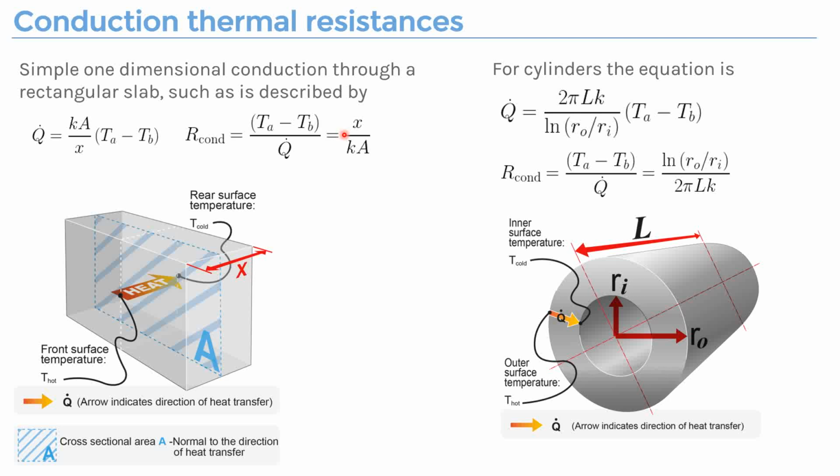R is the thermal resistance. For conduction, R is L over kA. Convection is 1 over hA. And radiation is a little bit more complicated. We don't consider it here.